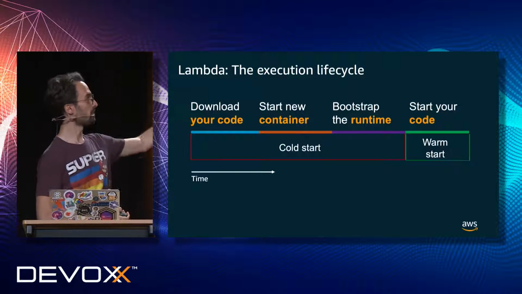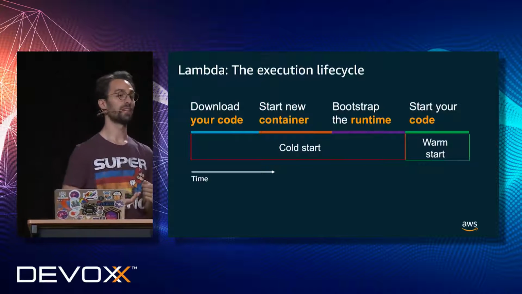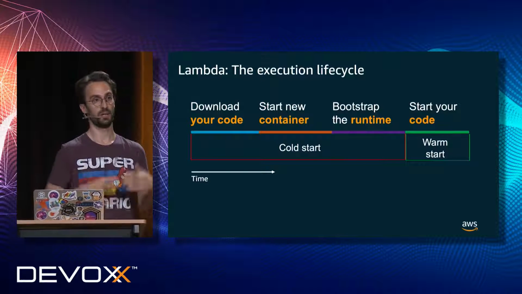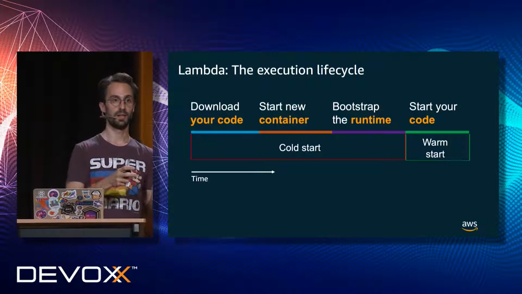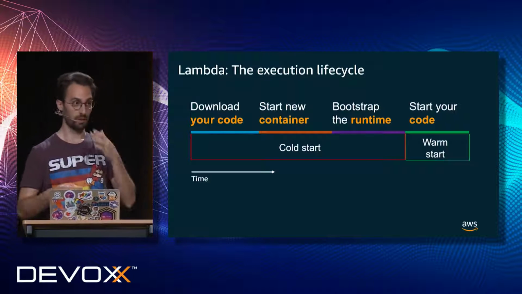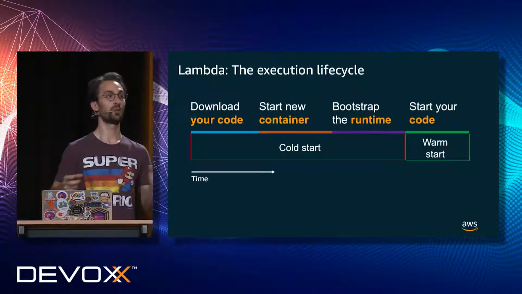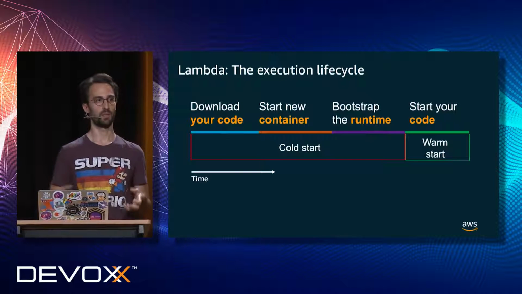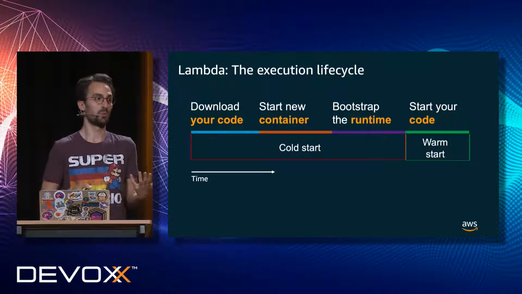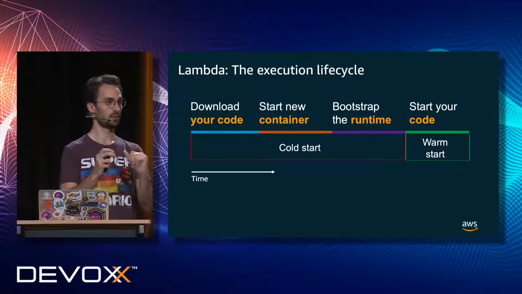Everything that happens inside the cold start happens every once in a while, right? You haven't invoked your function yet, you run it, there is a cold start. From that point on, every time you invoke your function, it's warm. Even though you're not paying for it, it's warm. And you can just run it, and all we need to do is invoke your function.